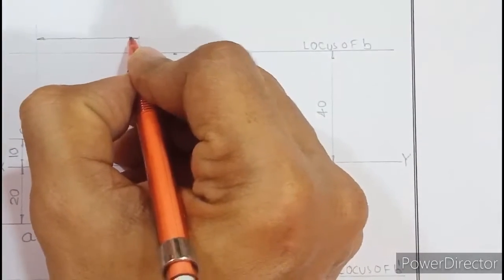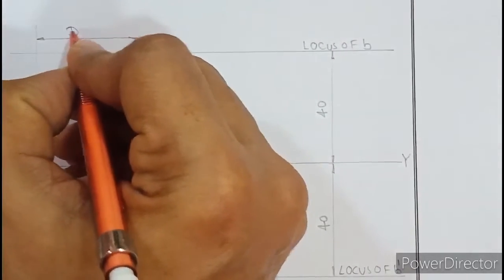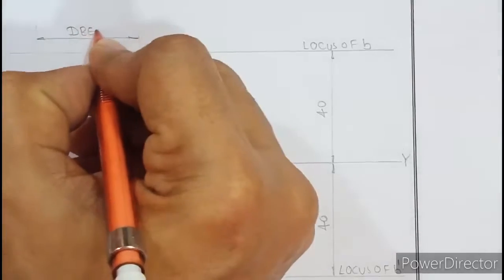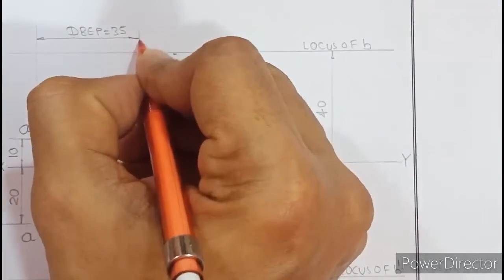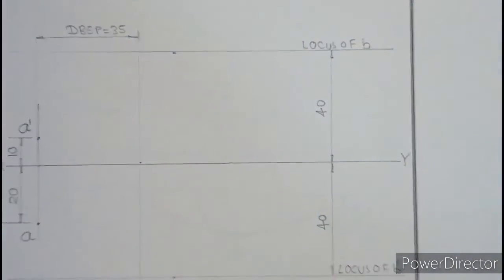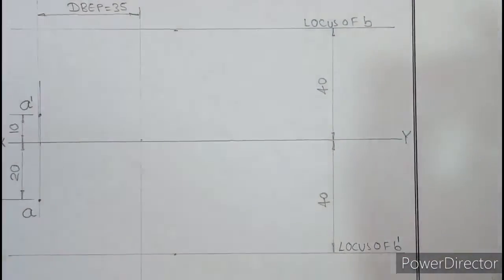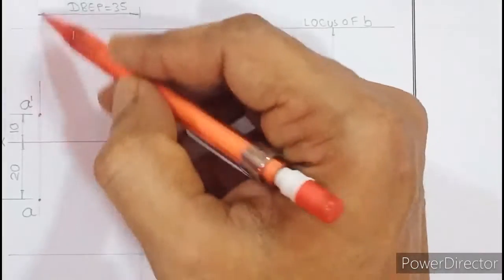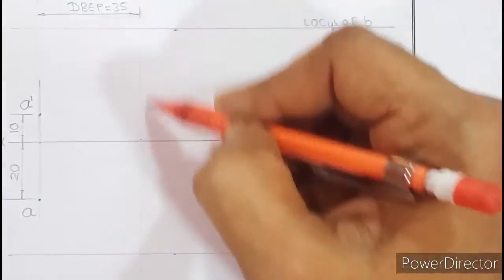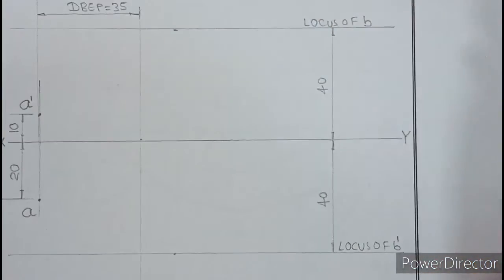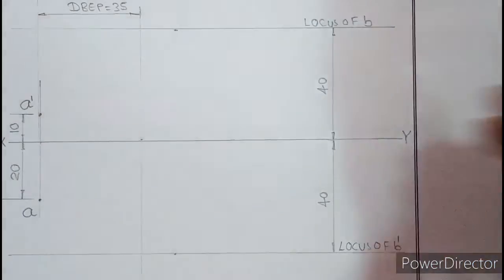So dimensions always medium dark. So this is DBP equal to 35. That is what we need to show here. Okay. Now carefully observe, this is the projector of A, so the 2 points are A dash and A. But this is the projector of B, your 2 points should be B dash and B. So now you should be extra alert, it is a mixed quadrant.